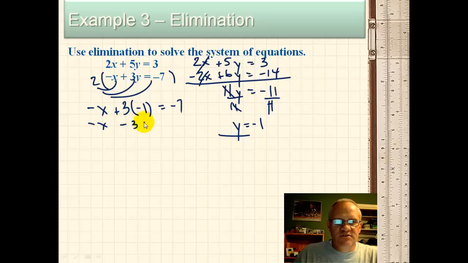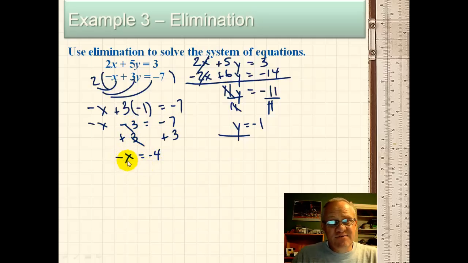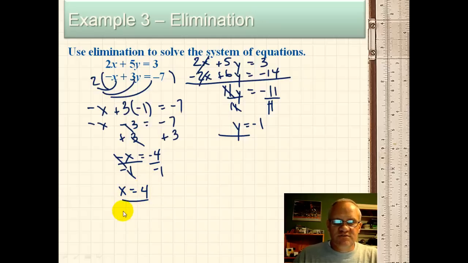Negative x minus 3 equals a negative 7 plus 3. So that means negative x equals a negative 4. And remember, we don't want to know what a negative x is. We want to know what a positive x is. And so just divide it by a negative 1, which switches the signs and gives you that x is a positive 4. And so we would say our answer would be positive 4, comma, negative 1.